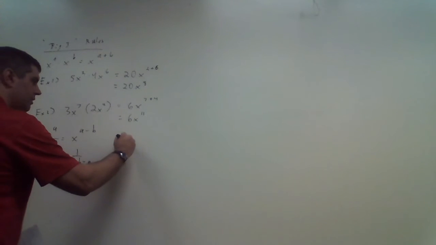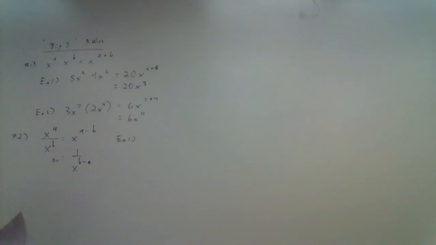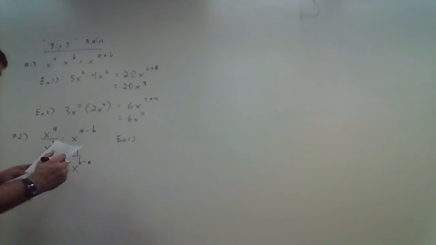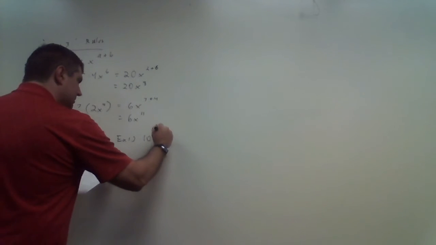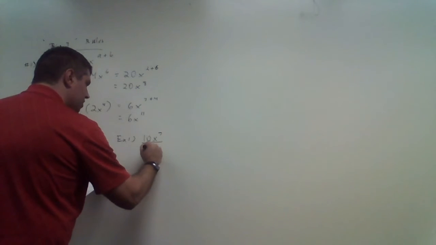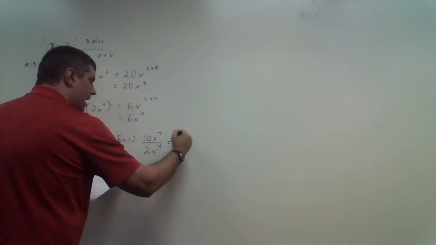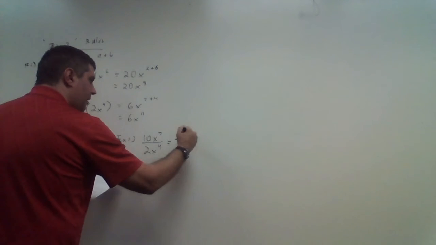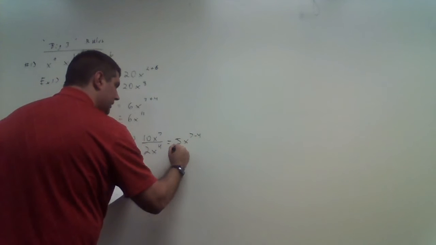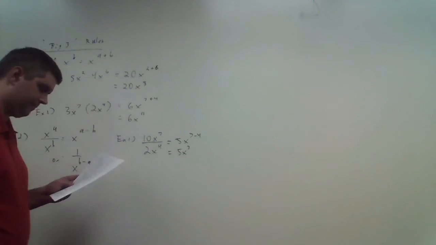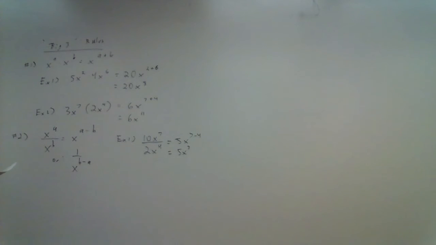So example 1: 10x to the 7th over 2x to the 4th. 10 divided by 2 is just 5, and then 7 minus 4 leaves me 5x cubed. Okay?